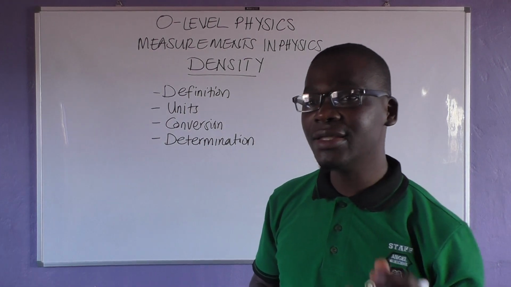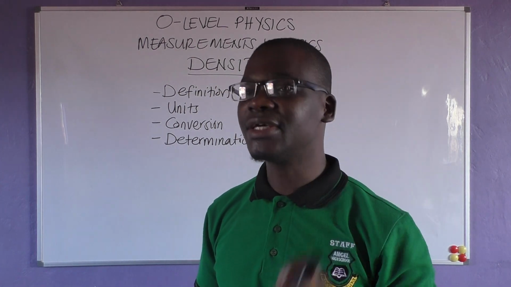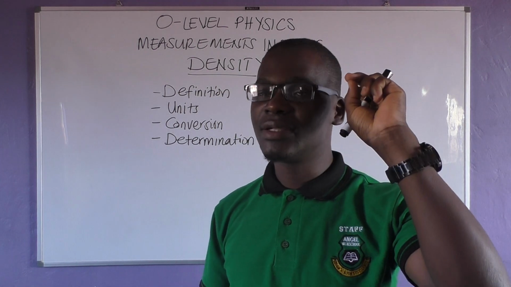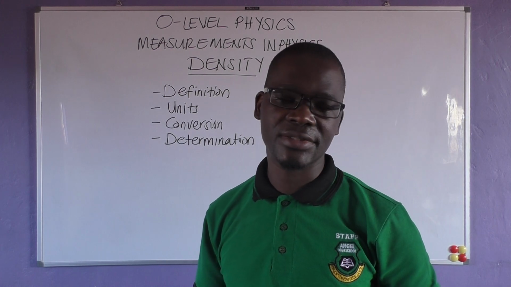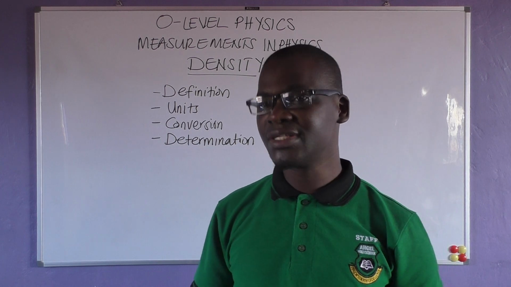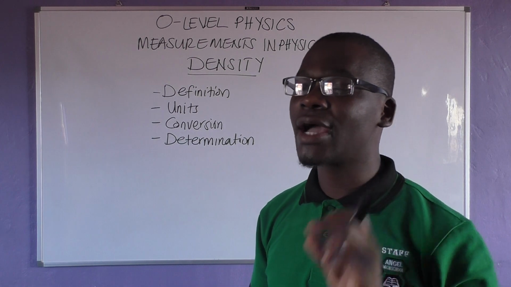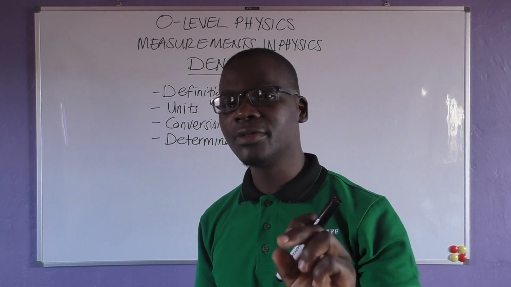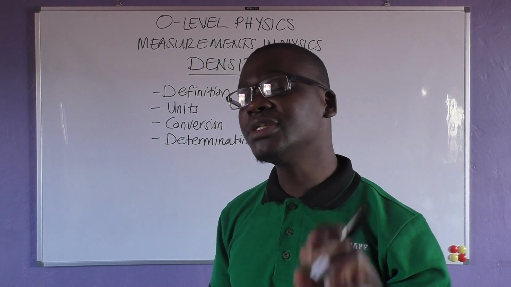Density is defined as the mass per volume of the substance. And from that definition, we can get both the formula for density and the units for density.